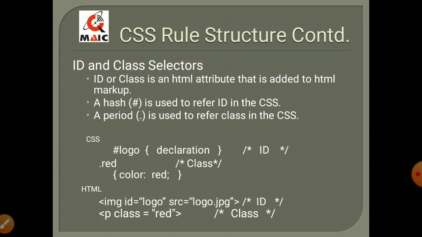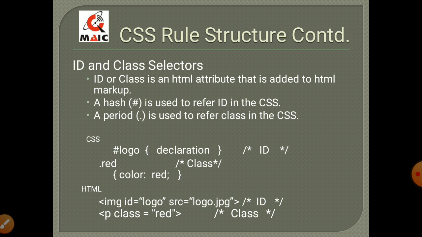Similarly, how about the class? In the P tag, the paragraph tag, we are specifying the class red, and we are declaring it in CSS as .red, and we are changing the color to red. Again, the property is color and the value is red.